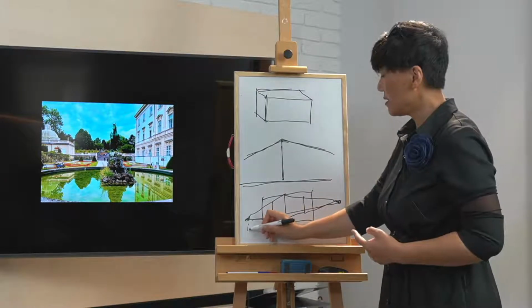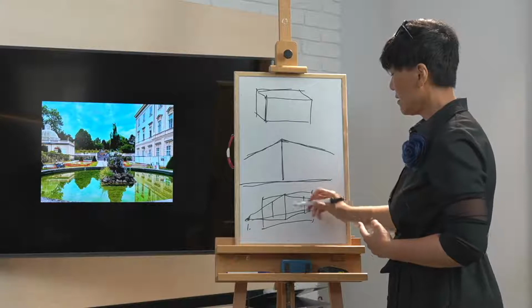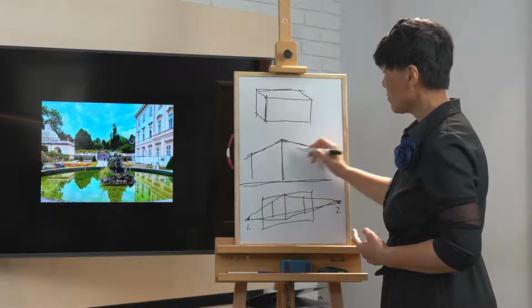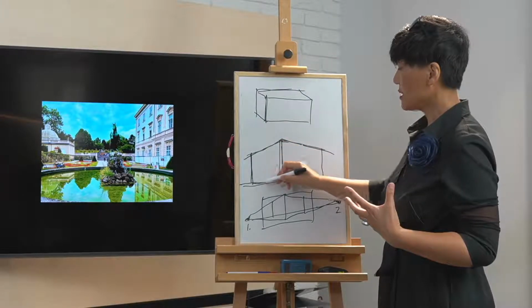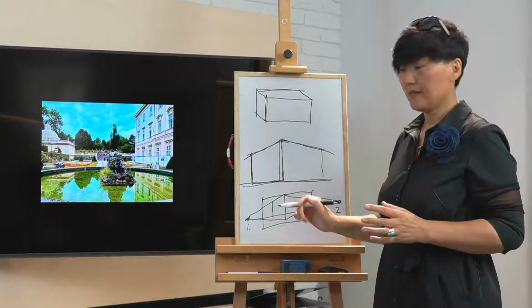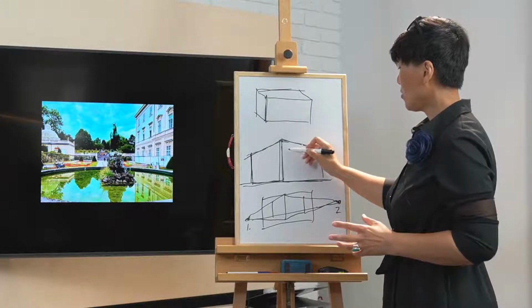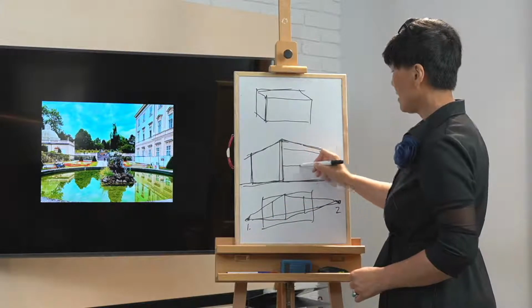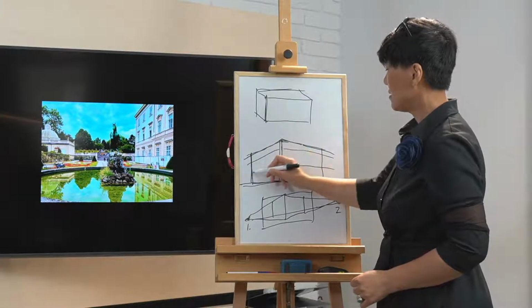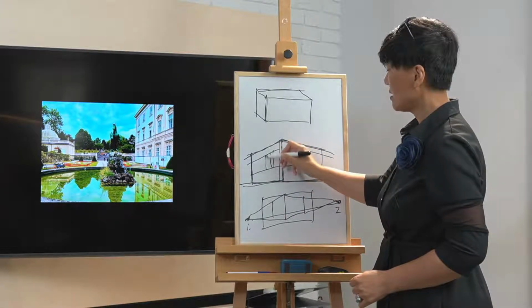This is the first, this is the second. In this case, you see a building very powerful, but not strange. See, in this case, all the lines follow the first and the second ending point. Looks interesting.